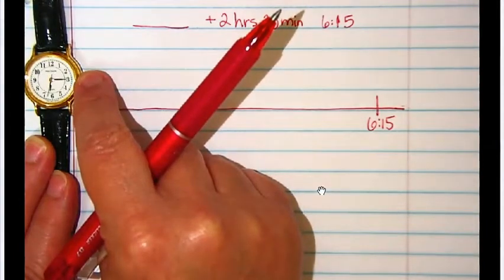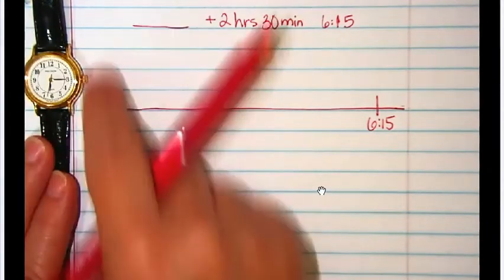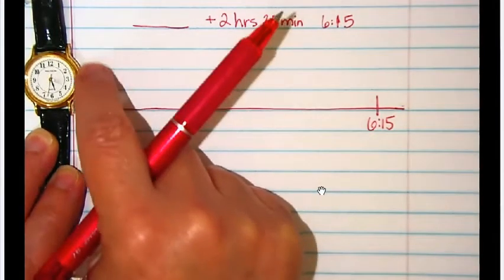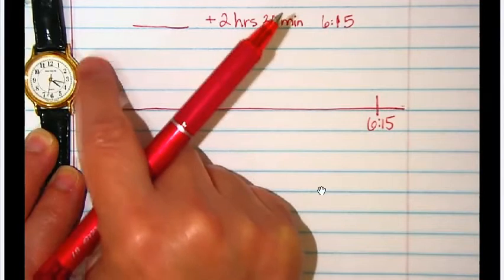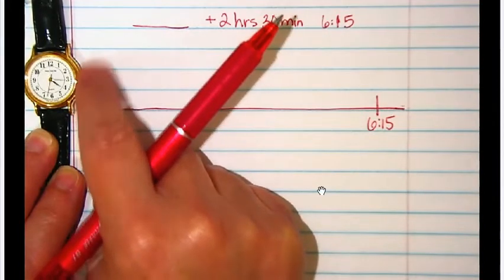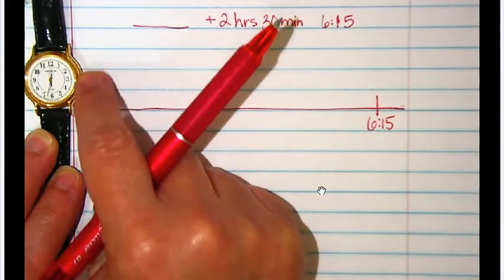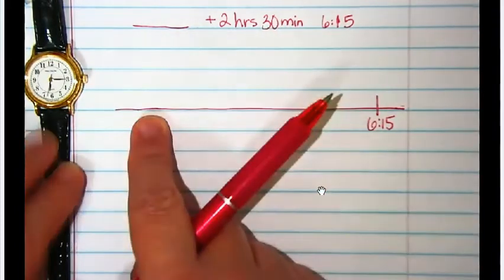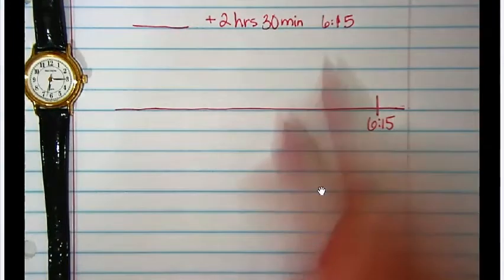This would be me going backwards with the time. Okay. And you're going back and you're going back. So let's go back to 6:15 so we can talk about how that's going to look on our number line.